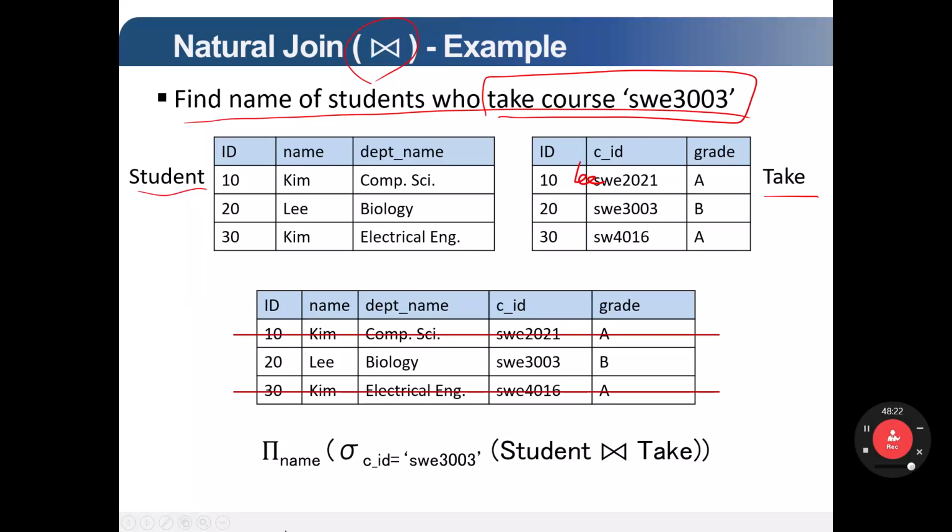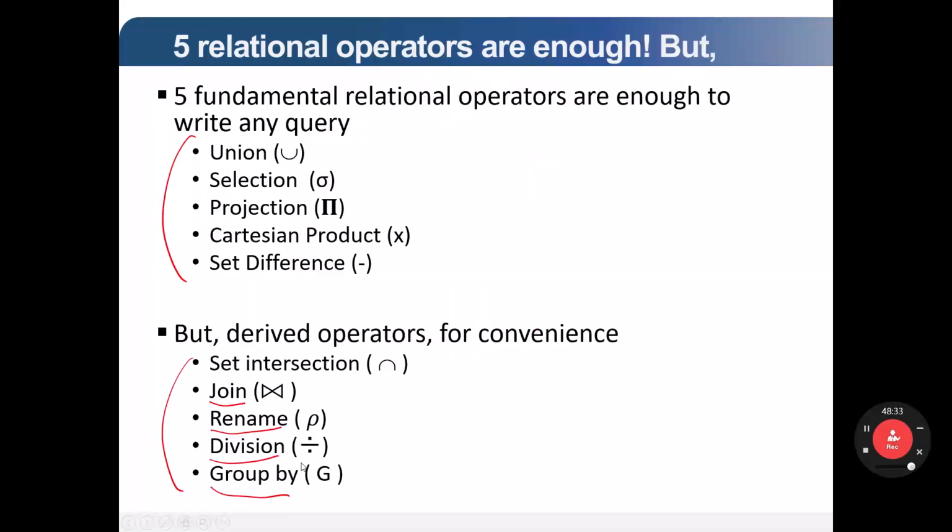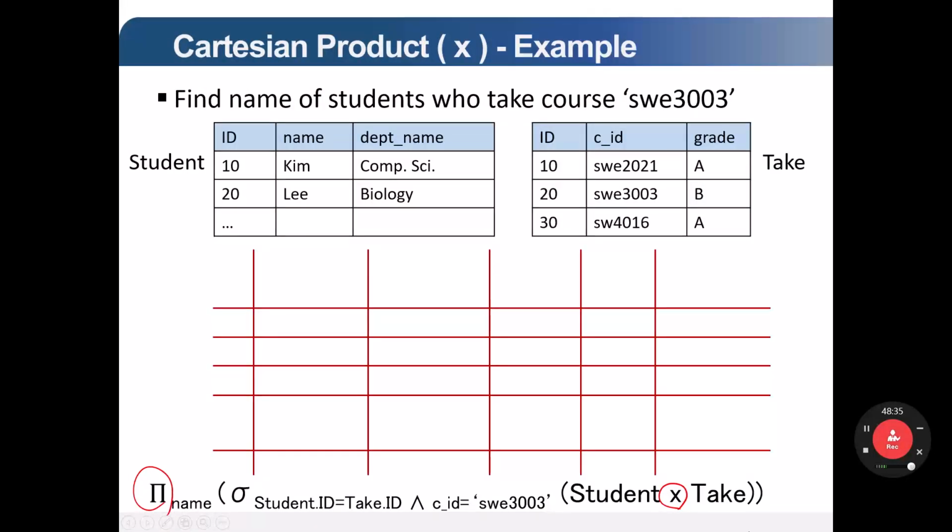Oh, did we just look at this query in the previous slide? Yes, we saw it. So let's compare those two expressions. This is it. So we have a Cartesian product and select operator and, how should I say, predicate with AND condition.